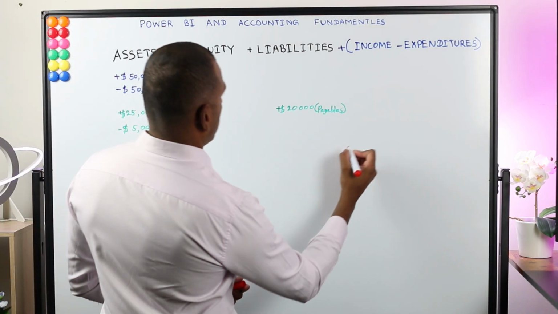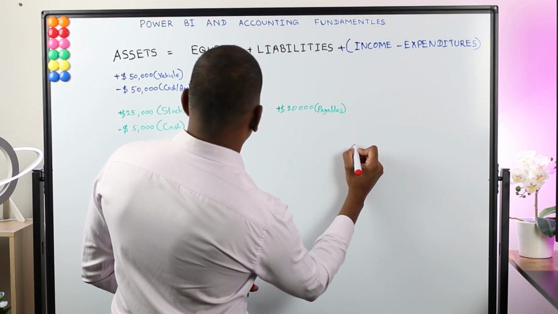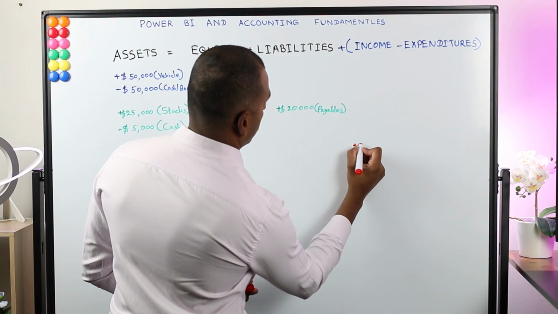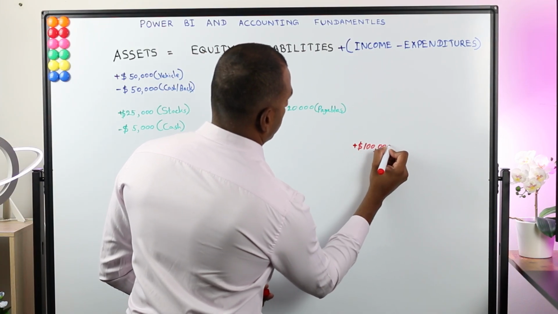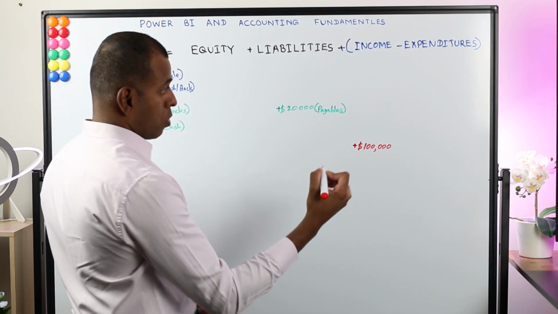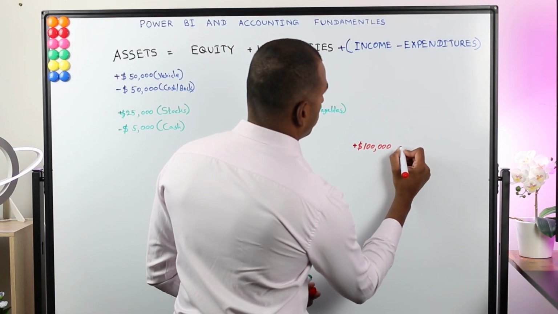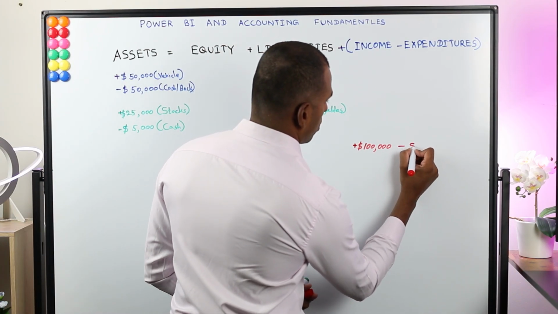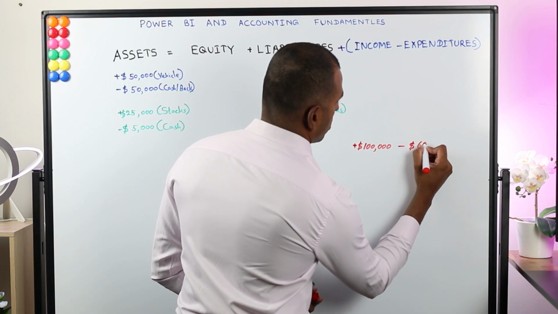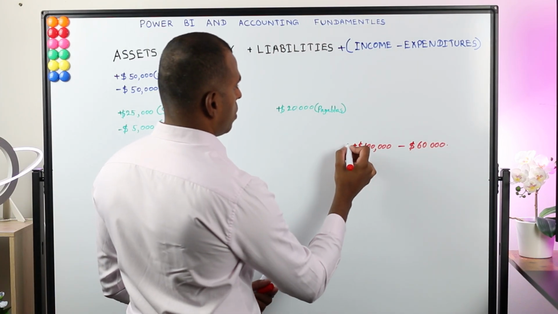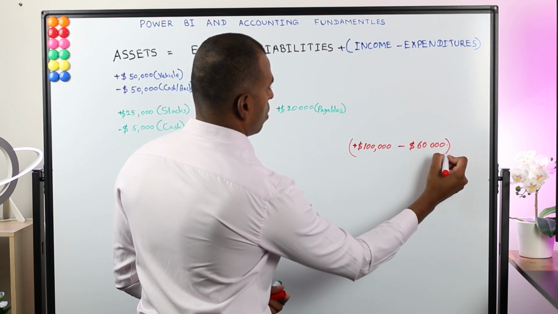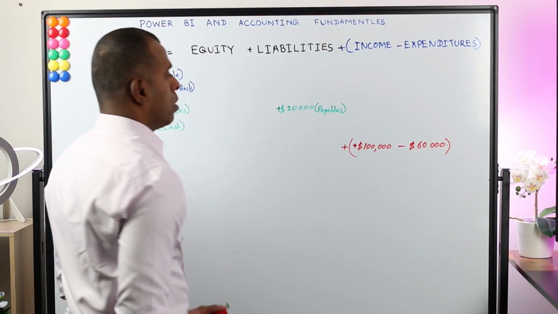The sales is an income, 100,000 sales. The cost of the sales is $60,000. All right.